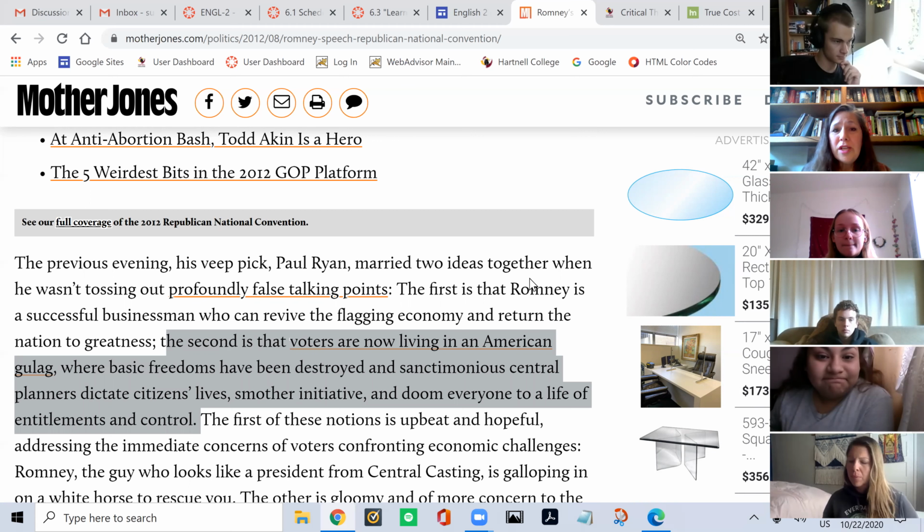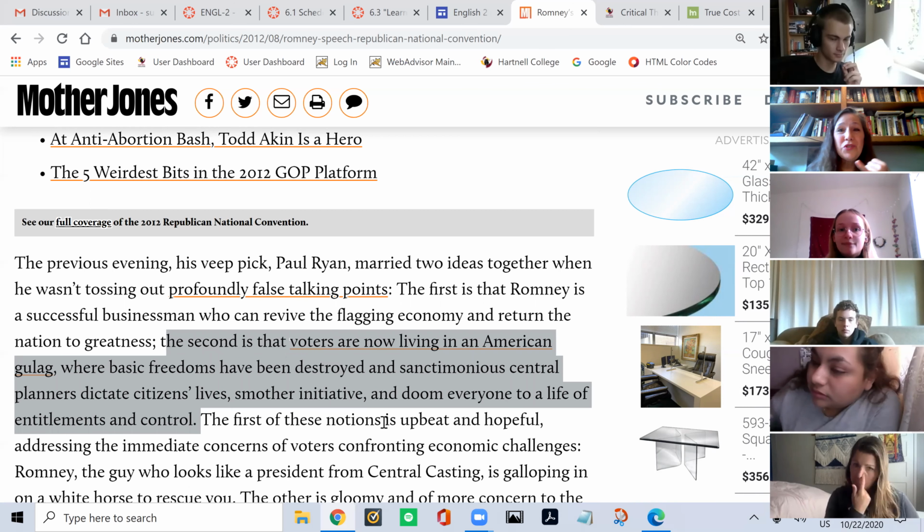Corn is misrepresenting what Ryan said in Ryan's speech. Corn is saying that Ryan hinted at all of this to try to scare Ryan's audience. Are you following? So Corn's trying to scare his audience, and then he's accusing Ryan of trying to scare Ryan's audience about a Barack Obama presidency. And that's all here.